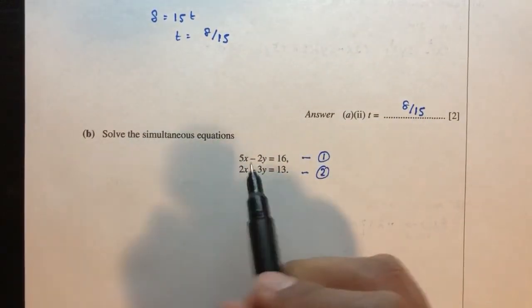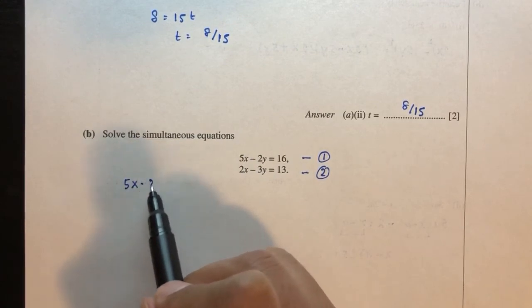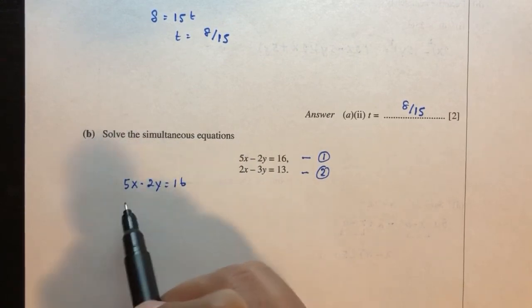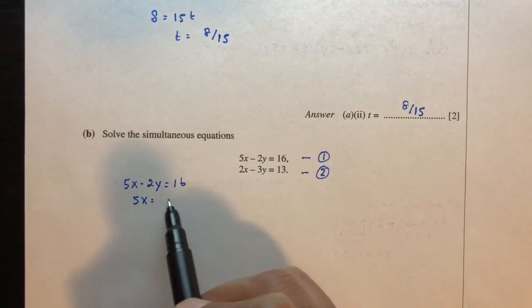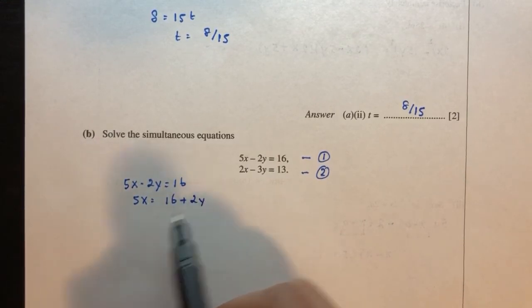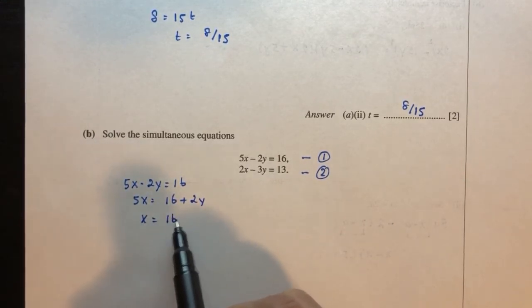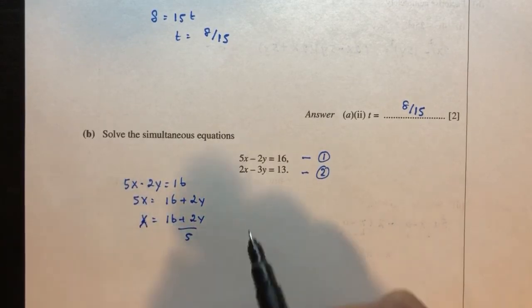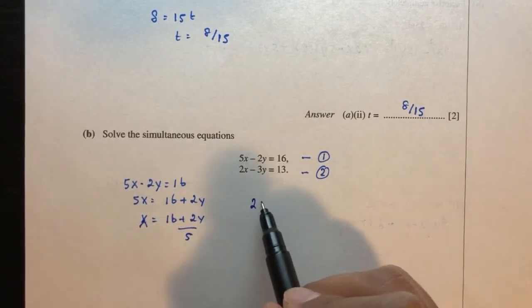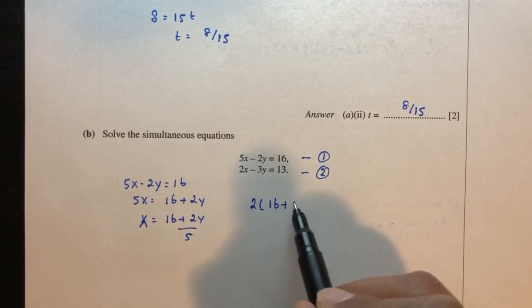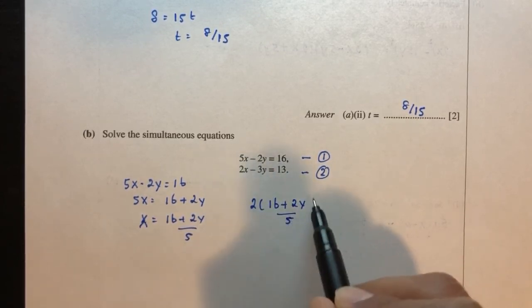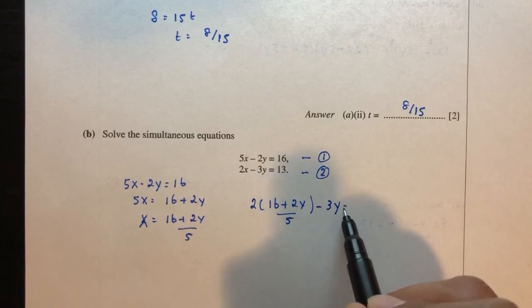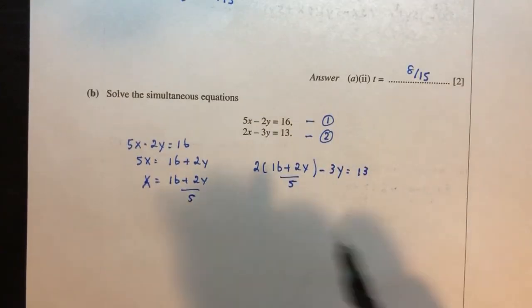Let's solve. So 5x minus 2y equal to 16. So 5x equal to 16 plus 2y. So x equal to (16 plus 2y) divided by 5. That's the first equation. Now replace back in the other equation. We have 2 times (16 plus 2y) divided by 5 minus 3y equal to 13.